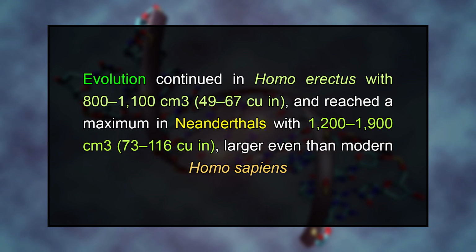This evolution continued in Homo erectus with 800 to 1100 cubic centimeters and reached a maximum in Neanderthals with 1200 to 1900 cubic centimeters, larger even than modern Homo sapiens.